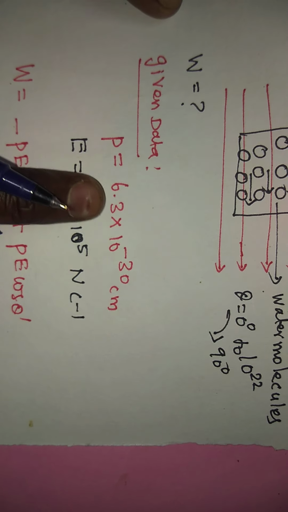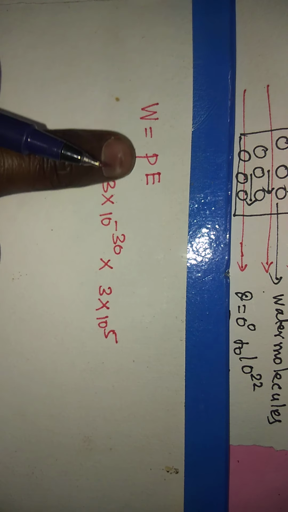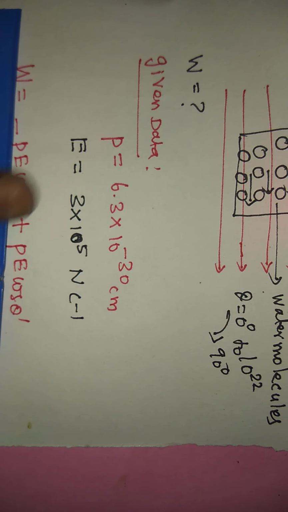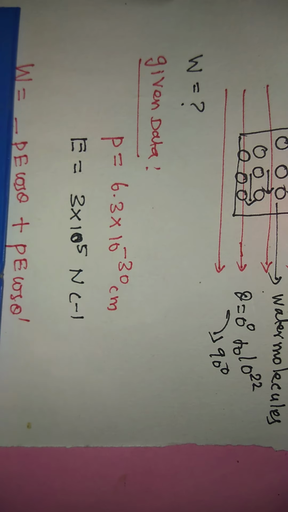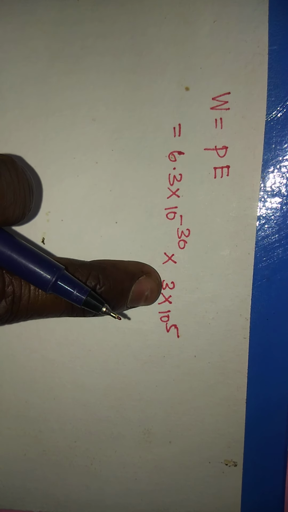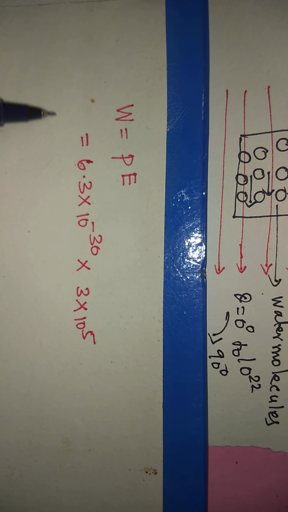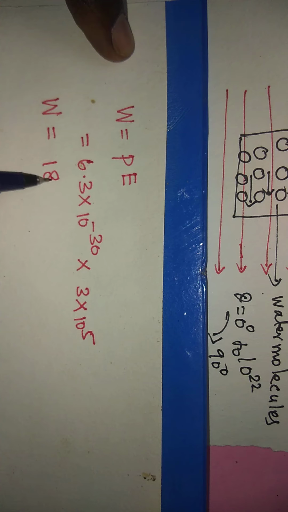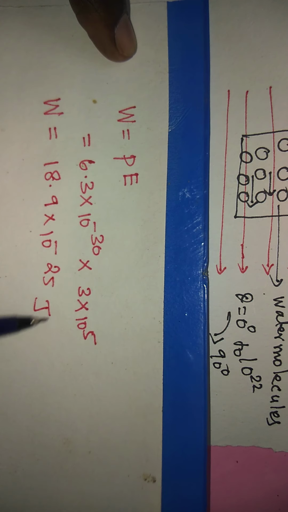So P value 6.3 × 10^-30, E value 3 × 10^+5 N C^-1. So W is equal to 18.9 × 10^-25 joules.